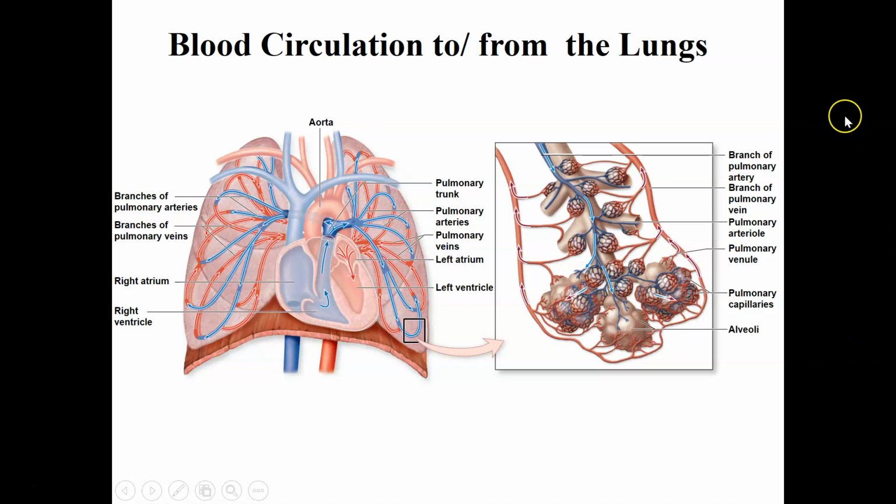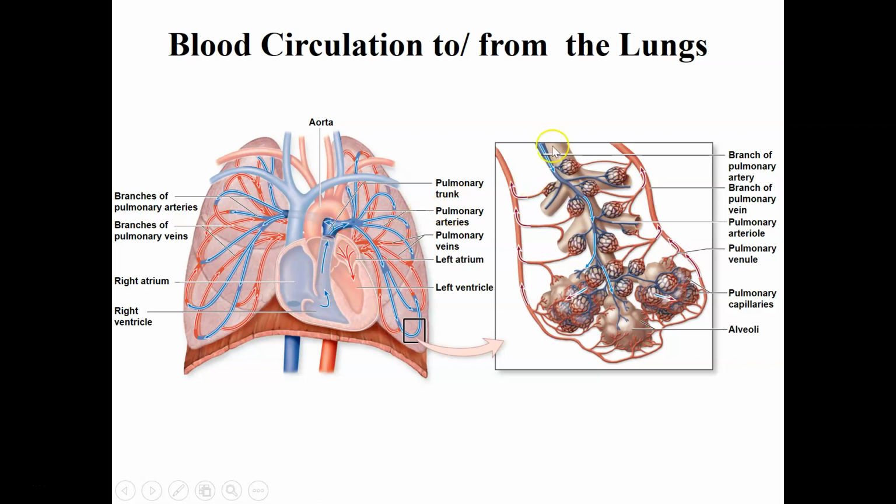Another topic related to the anatomy of the lungs is circulation to and from the lungs. The lungs have two main types of circulation serving them. One we've just discussed extensively before in the chapter on the heart, and that's the pulmonary circulation. The pulmonary circulation, shown in this slide, takes oxygen-poor blood from the right ventricle to the pulmonary trunk, to the pulmonary arteries.